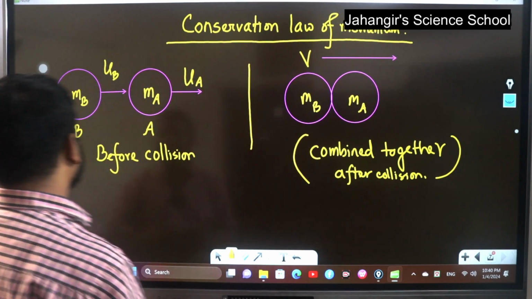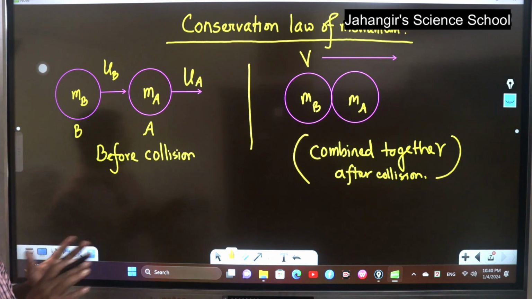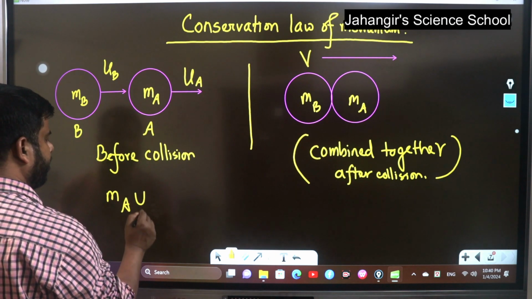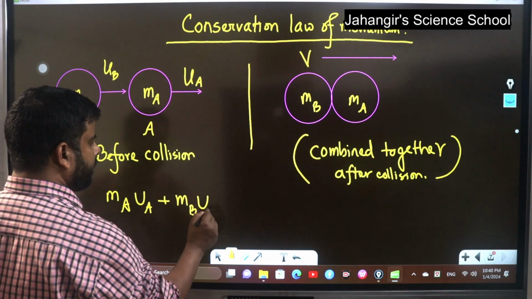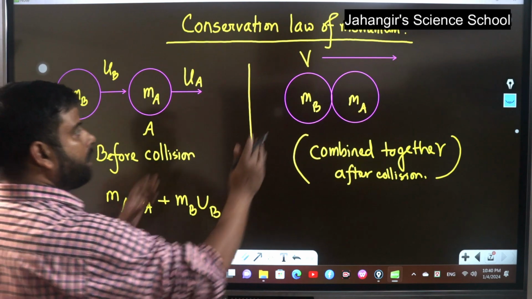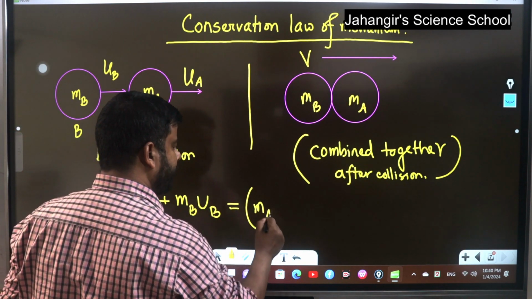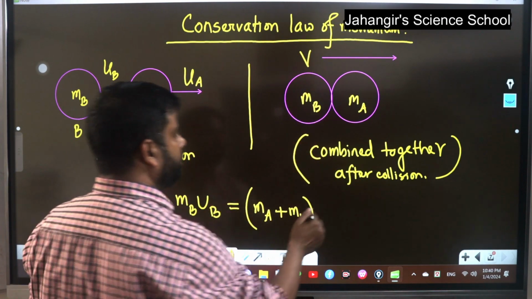So in this case, ma into ua plus mb into ub equal to, as the two objects are combined, combined mass ma plus mb. Here the combined velocity after collision is v.